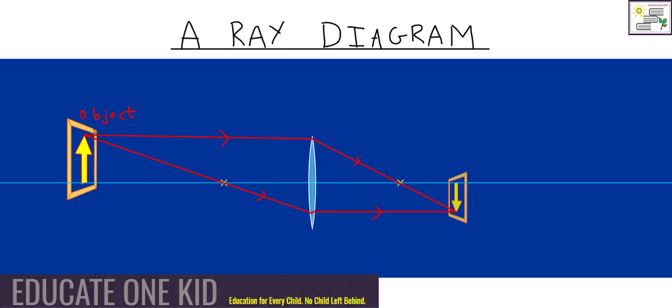Let's draw one more light ray from the top of the arrow. Let's draw a ray that passes through the center of the lens. Do you remember what would happen to such a ray? Such a ray would not bend and would travel straight, like this.